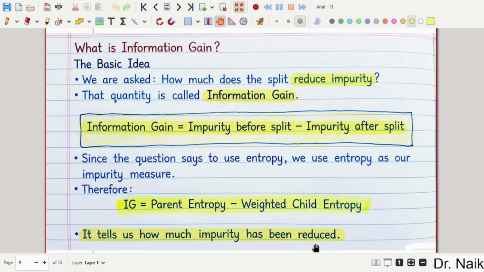Since the question says to use entropy, we use entropy as our impurity measure. So information gain is equal to parent entropy minus weighted child entropy. This gives us the impurity reduction from parent to children.